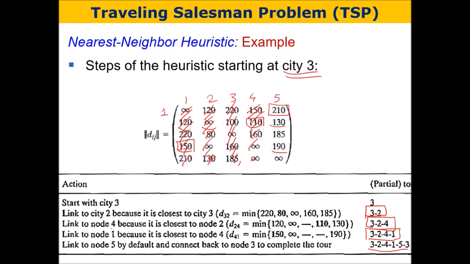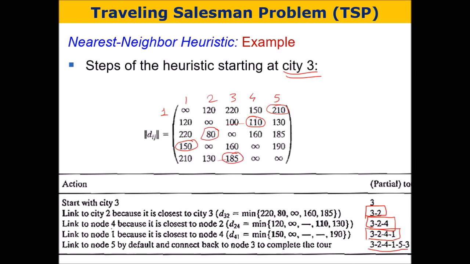And you can easily find the total length of the tour by just adding the distances in this final tour, which means that we are going from 3 to 2, so this distance, plus 2 to 4, which is this distance, and 4 to 1, which is this, and 1 to 5, this distance, and finally, don't forget, you need to return back to your initial city, which means that you are going from 5 to 3.